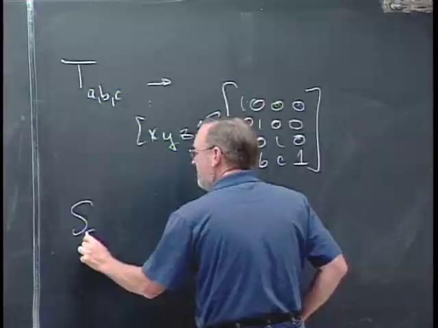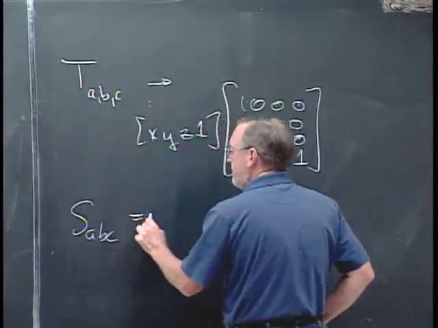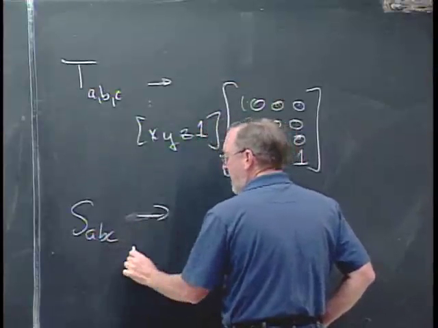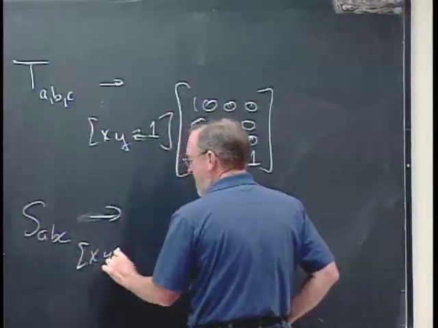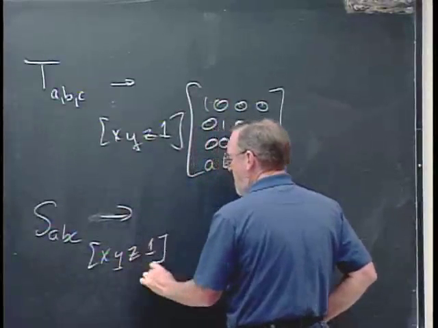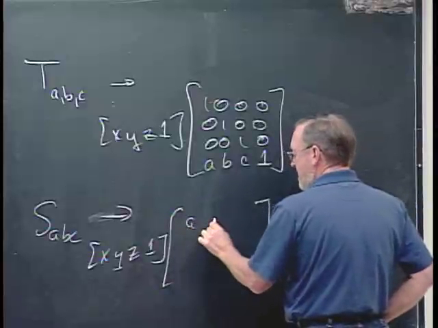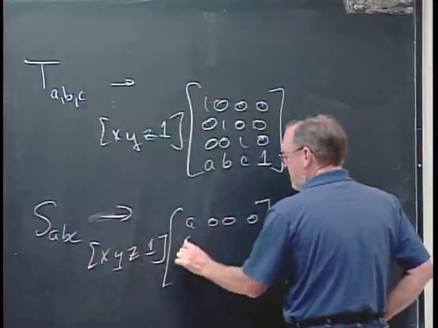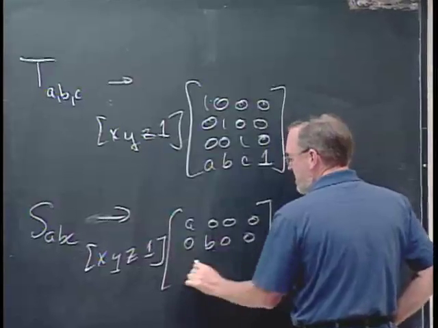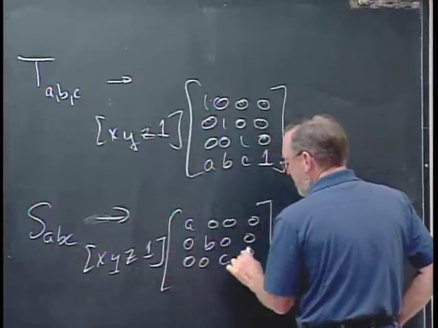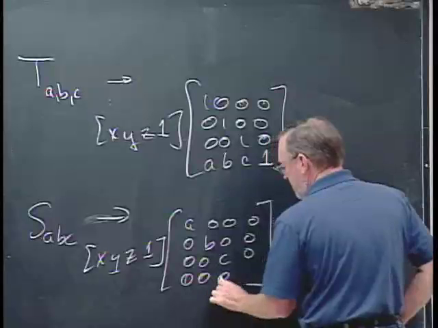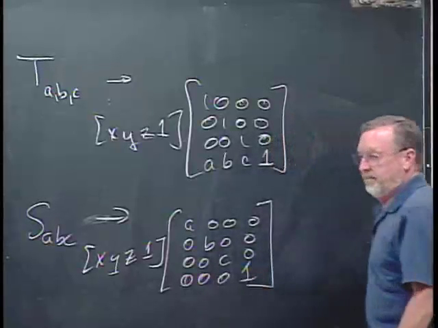There's scaling. Scaling does X, Y, Z, and 1 and multiplies it by, I think, A, 0, 0, 0, 0, B, 0, 0, 0, 0, C, 0, and 0, 0, 0, 1.